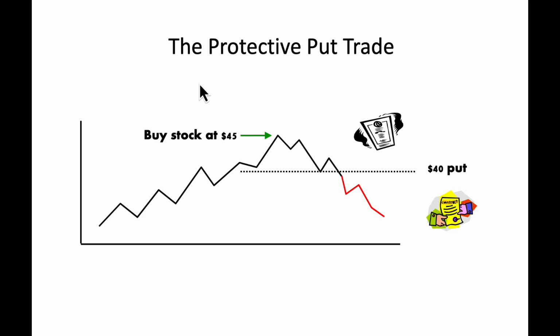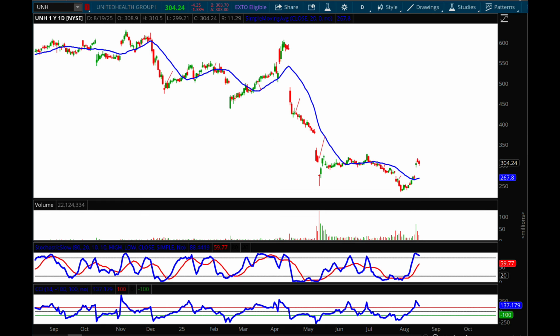Now let's take a look at an example of an actual stock. Let's use UNH. Now here's a chart of UNH. I'm going back in time here to this area right here. Let's say you own the stock when it was trading up at around $600. And you look at the charts and you're following your 7-point trading checklist and you see that this stock is overbought according to the oscillators.